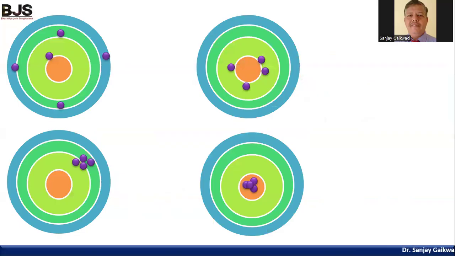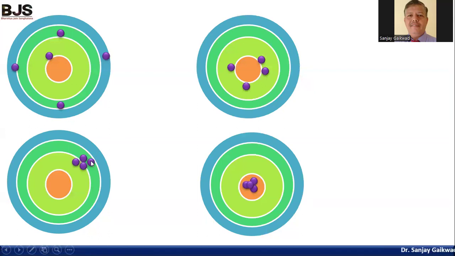Now, in errors, there are four examples given here. In the first example, the results are around the center and are very far from each other. In another case, they are near to each other.